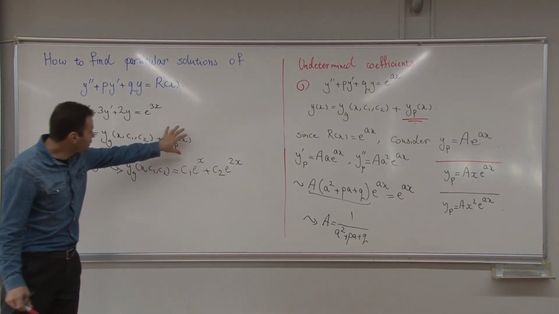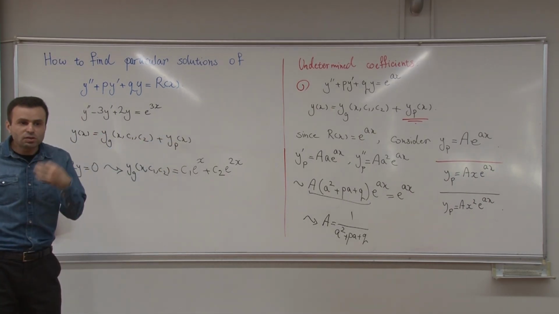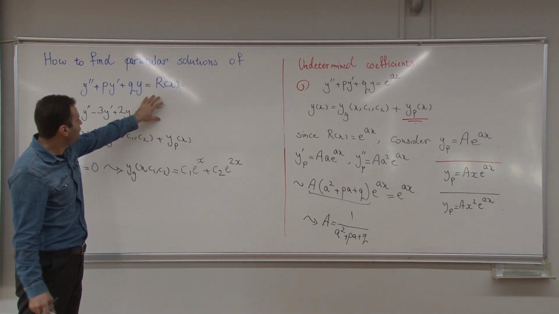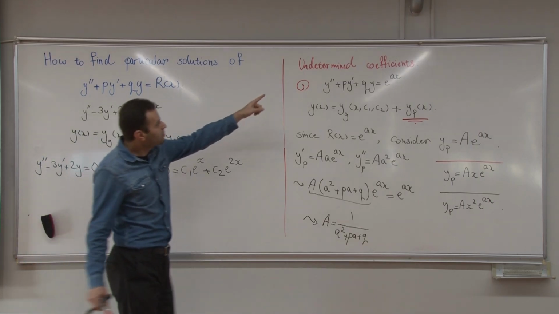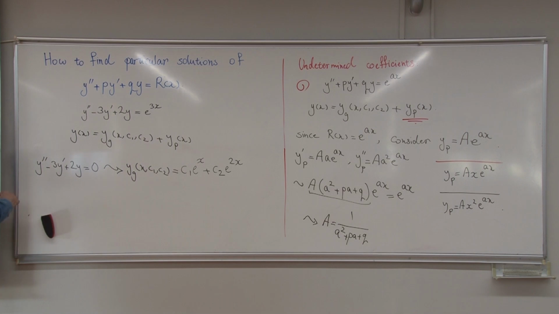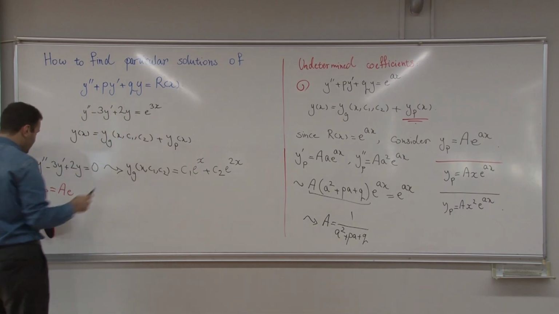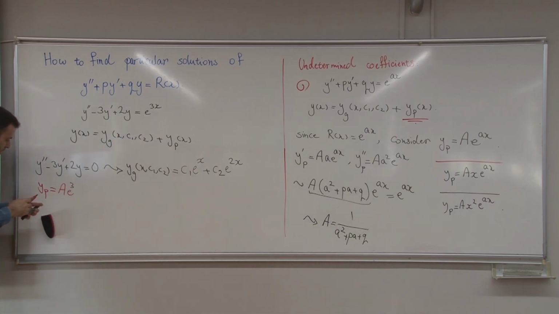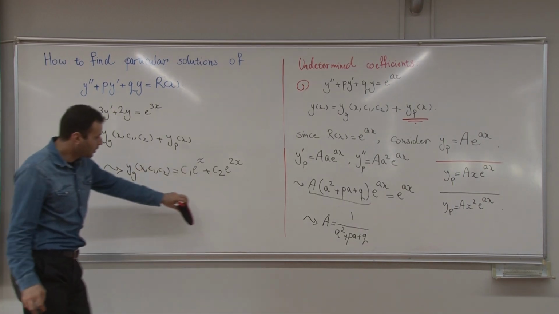How do we find this particular solution? We will assume that since this is an exponential, we can use the method of undetermined coefficients. We can assume that y_p is equal to a times e to the power of 3x, and then replace it and find this a.